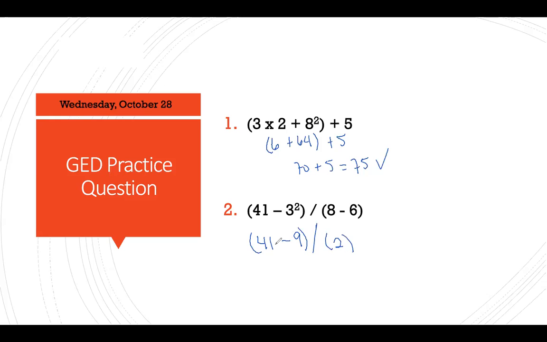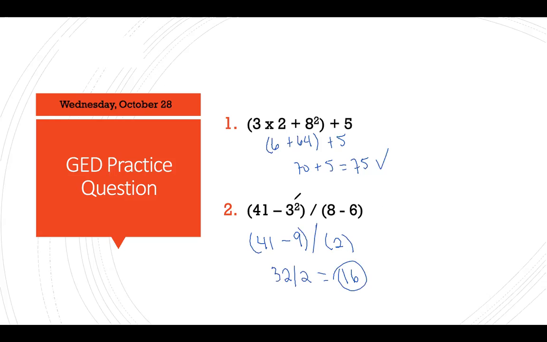Okay, so we have 41 minus 9, divided by 2. 41 minus 9 is going to give you 32. So it's 32 divided by 2, which is 16. So don't let yourself fall into that trap.